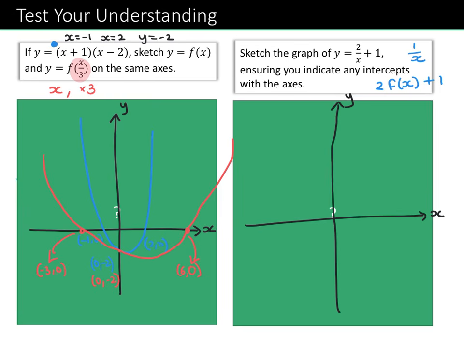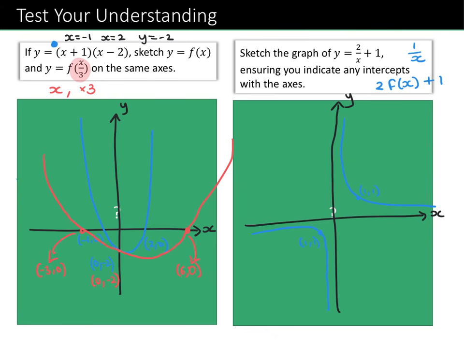So I know that 1 over x looks like this, okay? And these are my coordinates: 1, 1, minus 1, minus 1. And I know I've got asymptotes. We should always know that. Then, what am I going to do? First of all, all of this is on the outside, isn't it?